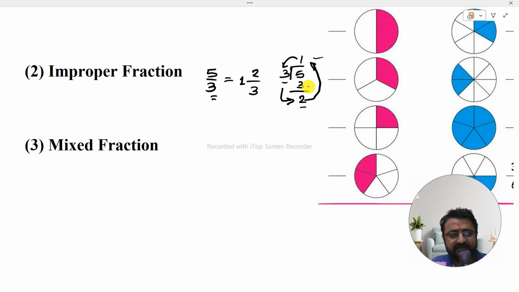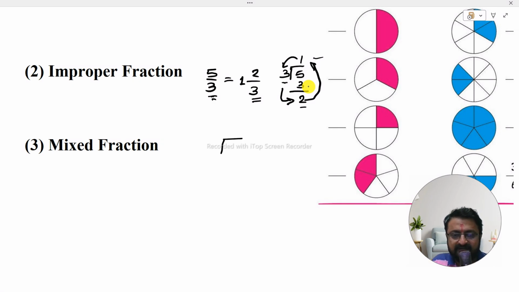The improper fraction denominator is 3 and the mixed fraction denominator is also 3. So remember, whenever you convert improper into mixed fraction, the denominator will not change. If there is a change in the denominator, there can be some mistake in your answer.